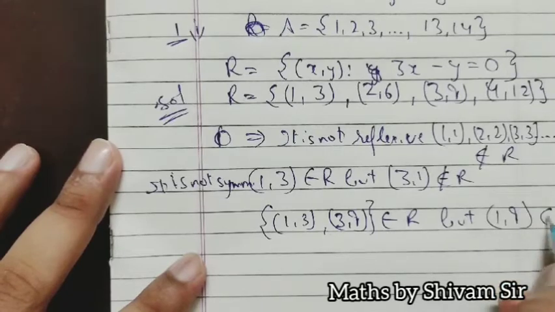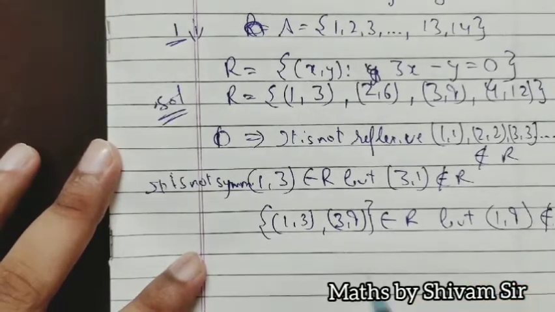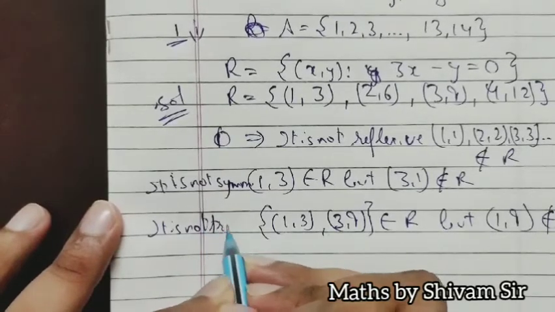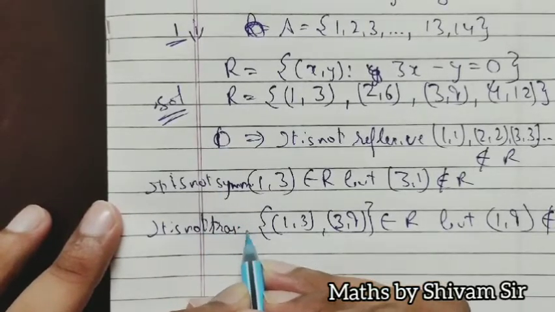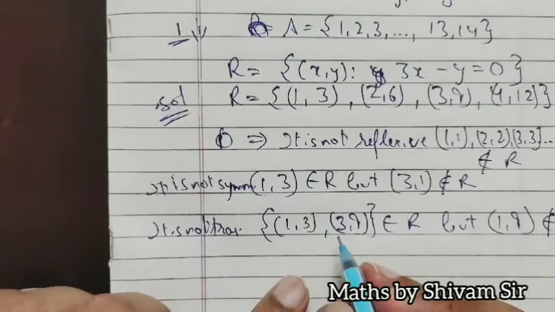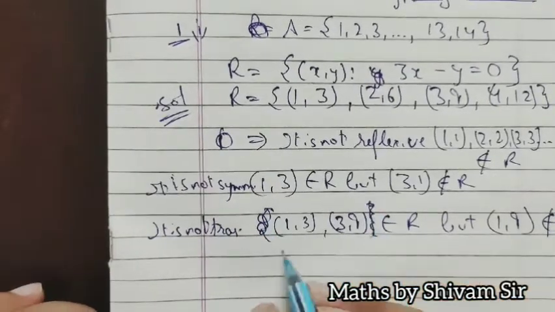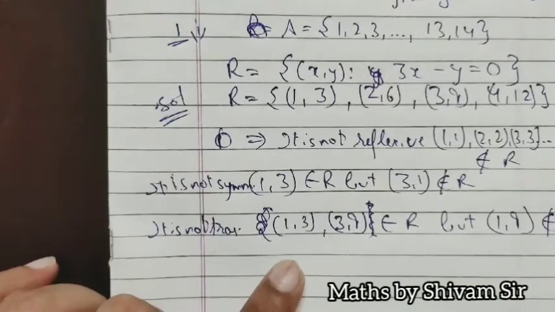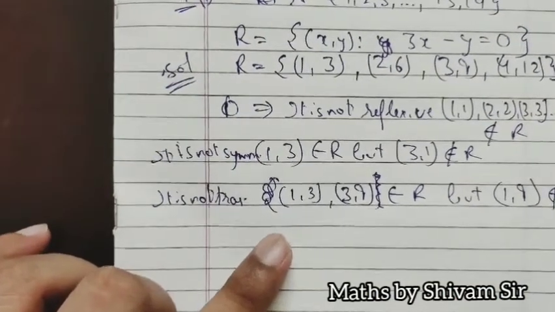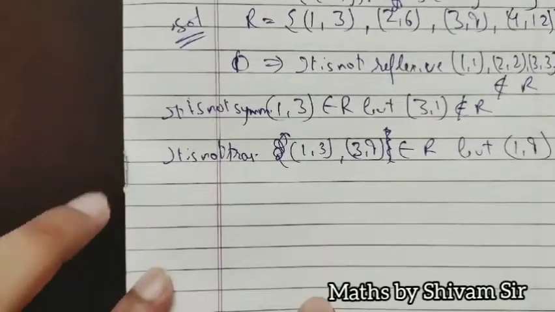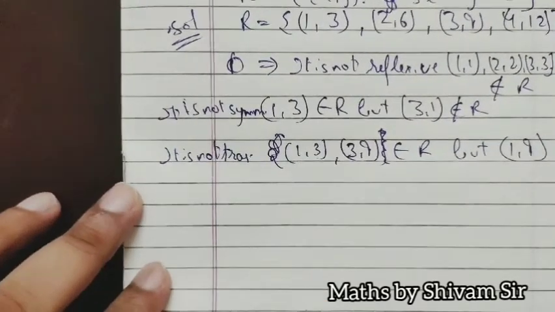Since (1, 9) does not belong to R, it is not transitive. Simple. How? (1, 3) and (3, 9) belong to R, but (1, 9) does not belong to R. So since it is not transitive also, it is neither reflexive, nor symmetric, nor transitive.